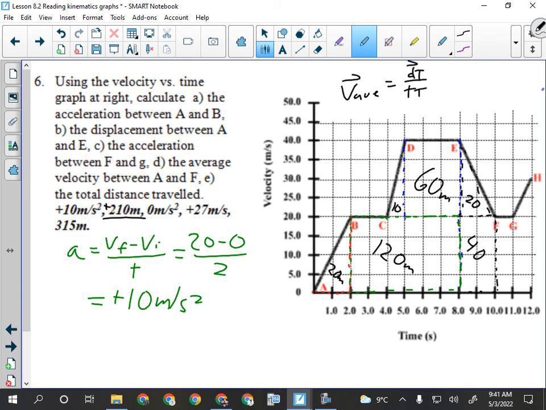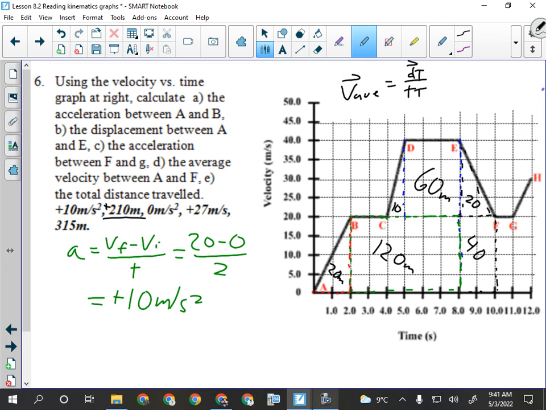What do we have? 210 before. We add on another 60 for 270 meters in total. Then we divide that by 10 seconds, so we get positive 27 meters per second. Everybody okay with that? Don't be afraid to ask, guys, if you have questions.